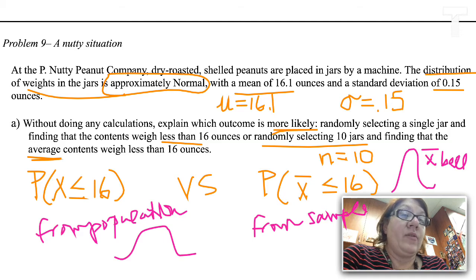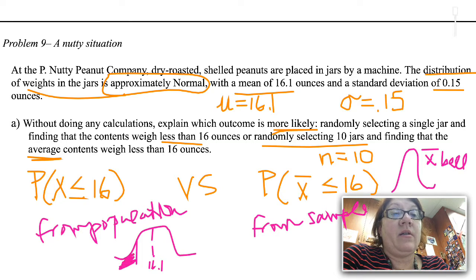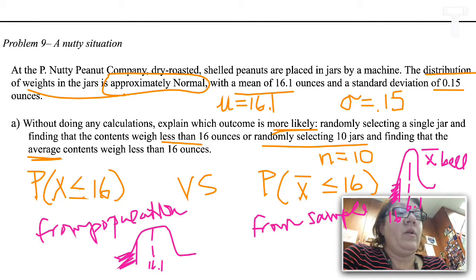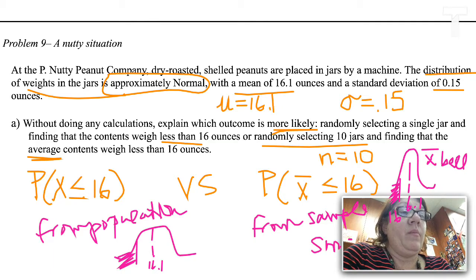And we talked about this one in class today. Of course, if I have 16.1 in here and I draw 16 on it, versus the 16.1 in here and I draw the 16 on it, this one will actually be smaller because the tails will have pulled in.